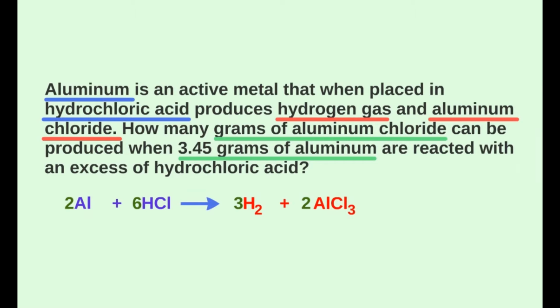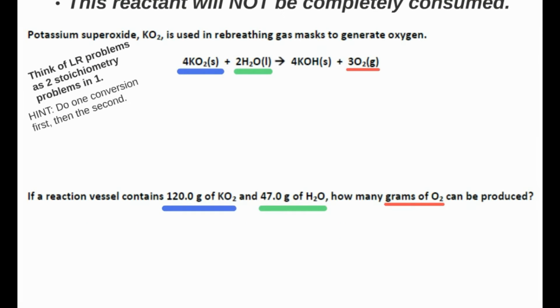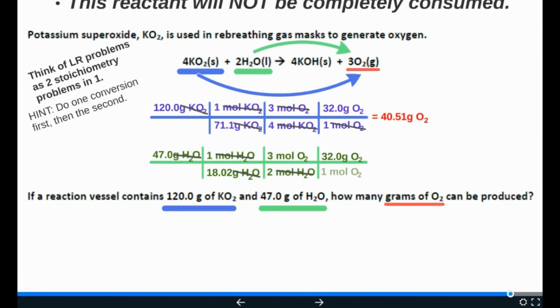But I only have a limited amount of this because that's the only thing I got. So anytime you saw excess, I already gave you the excess. Therefore, by default, that was your limiting. However, what if I said I have 100 grams of this, 100 grams of this? Which one am I going to run out of first? That's the difference between the two. So this one actually makes the other ones make sense now. Makes those other questions a little bit more comprehensible. It's just a little bit extra work, and I didn't want to start y'all off with that.